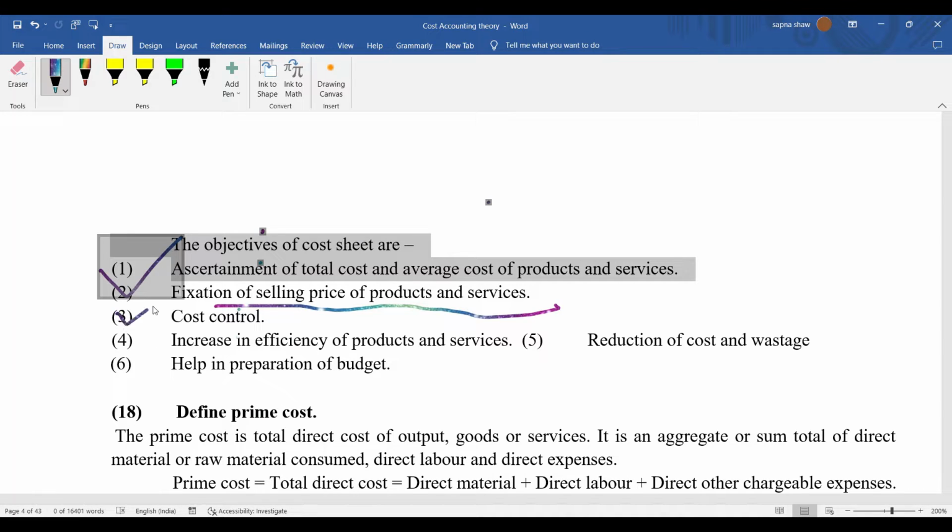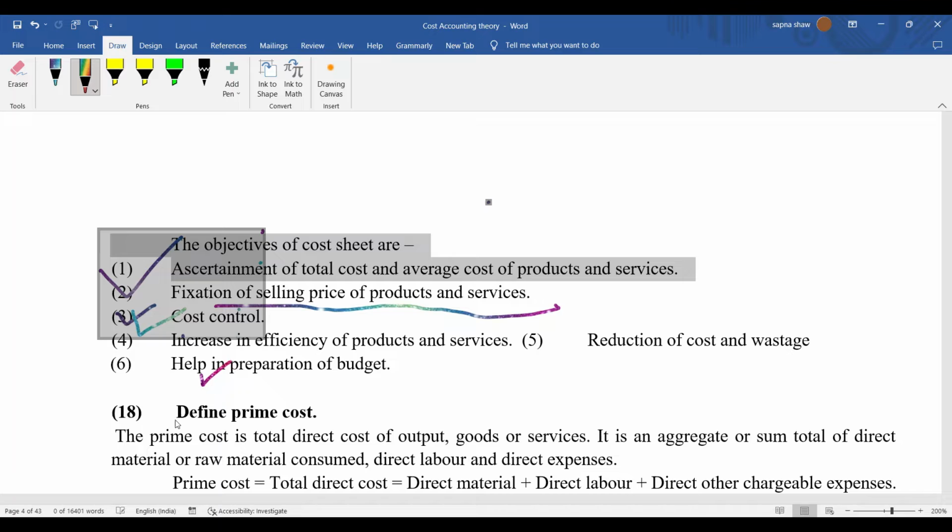Since all the segregations are done in a proper way, it also helps us to reduce the cost. For example, if we find that we are spending much more on raw material, from next time we will try to reduce the cost of raw material. Suppose we find that we are paying a very heavy amount for carriage inward and carriage outward, maybe we will take some measures to change this.